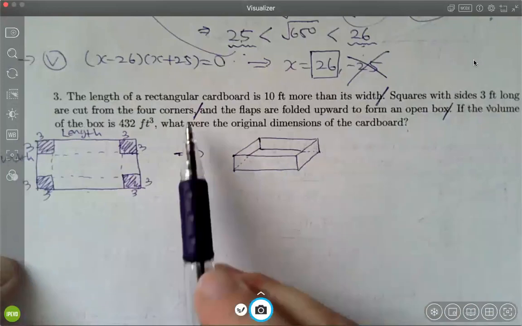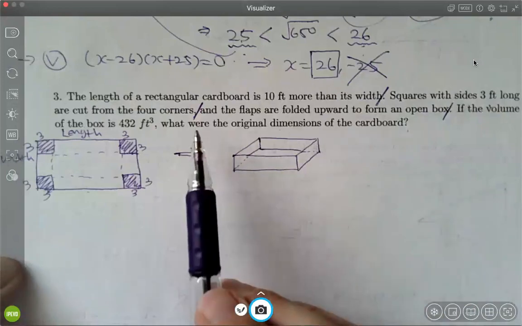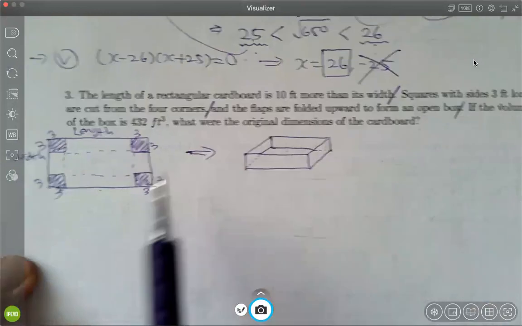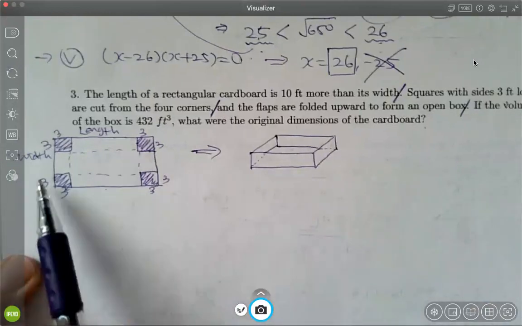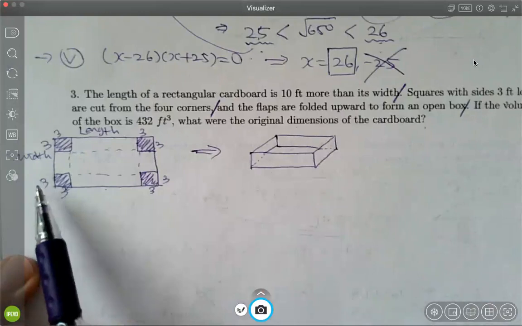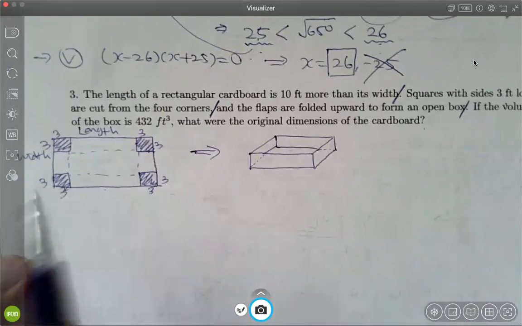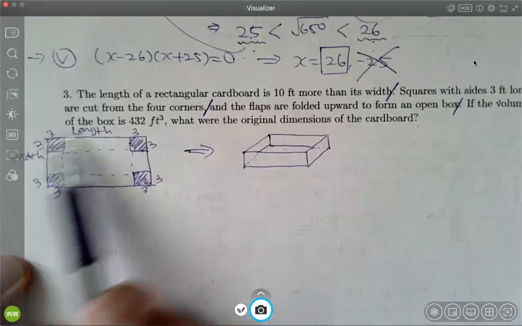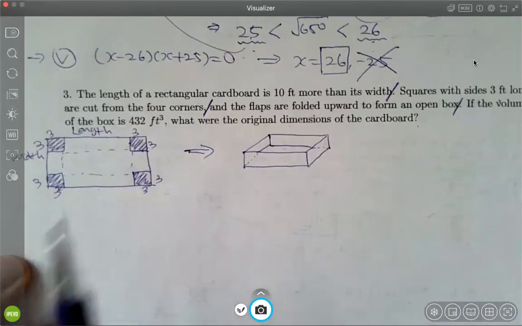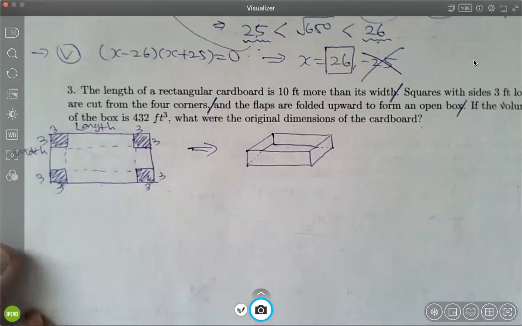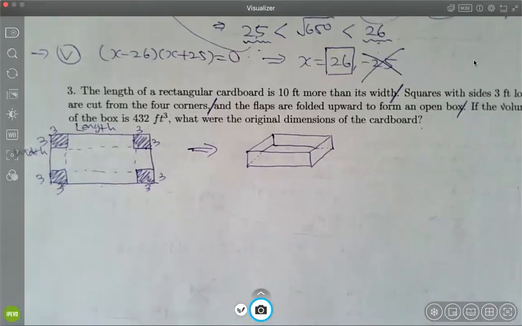How many unknowns do we have in this rectangle? 2, length and width, right? But like we did before, only one of them can be set as x. Based on how the problem is written, we have to set x to be the width or the length. Which one is better?